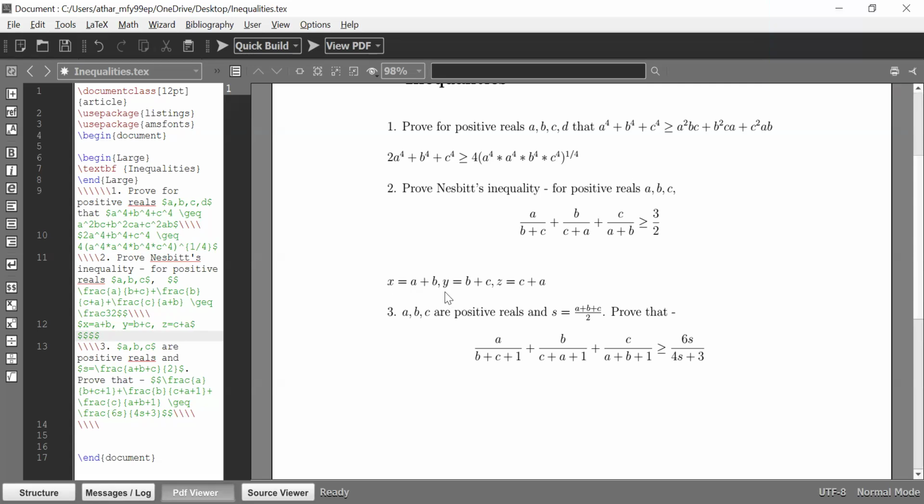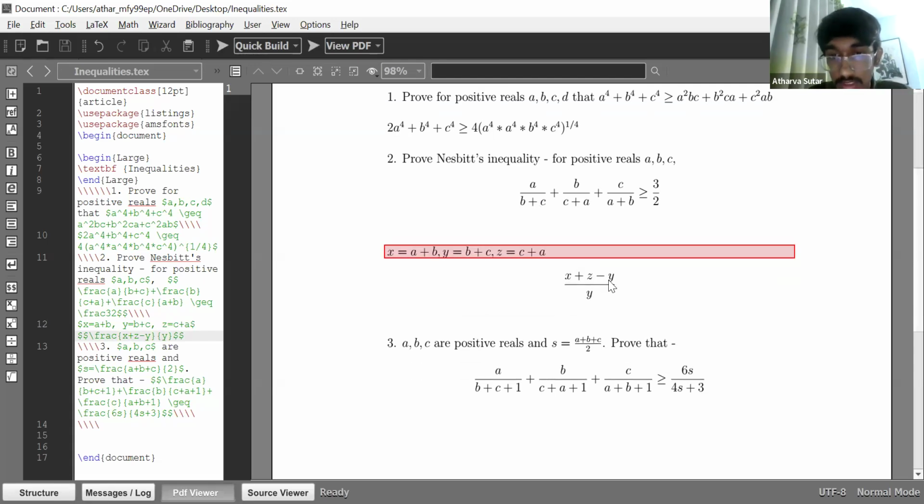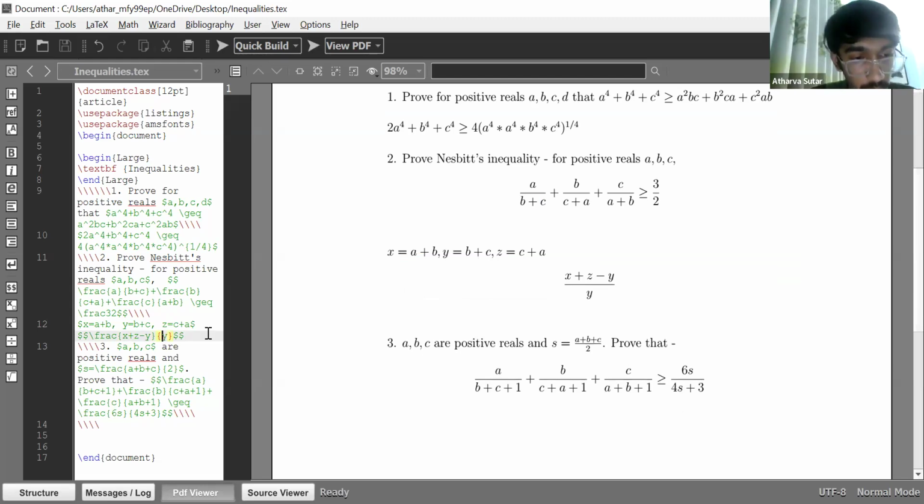Oh, right, it works. Yeah, so this would be x plus z minus y upon y. So each individual term will look something like this. And if you notice, this just becomes a minus 1. Oh, sorry, wait, 2y.